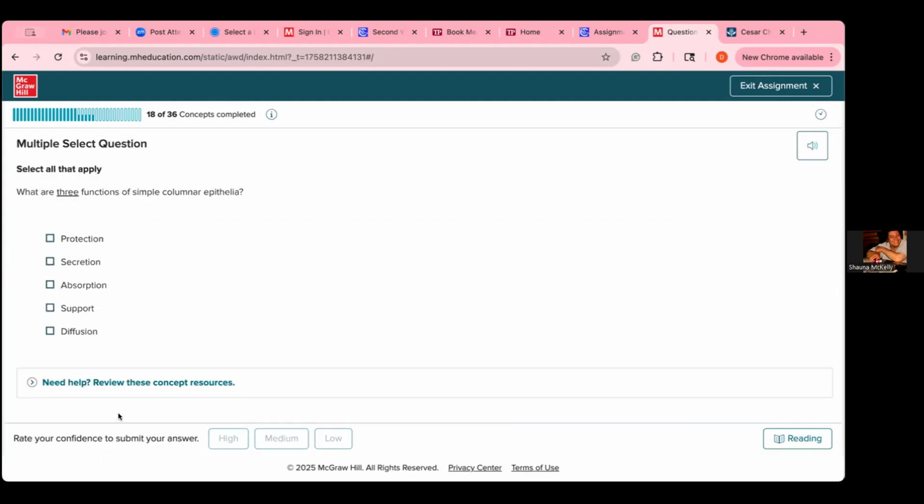What are the three functions of simple columnar epithelia? Support, no, wait, absorption, is that simple columnar? I get these two mixed up.